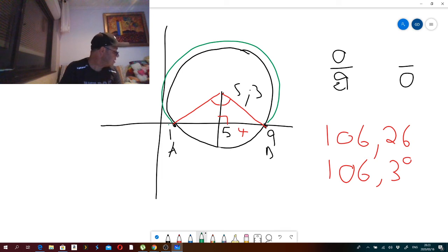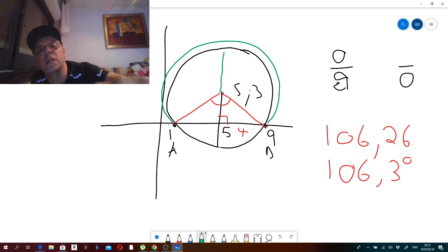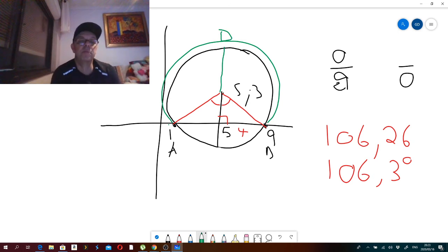And it says it is on the major arc AB and DC is perpendicular to AB. Now remember, C was the point at the center. So D to C is perpendicular to AB. Find the coordinates of D. In other words, okay, the D must actually be the point that lies over here. It is a continuation of this line over here, because it must be perpendicular to AB.